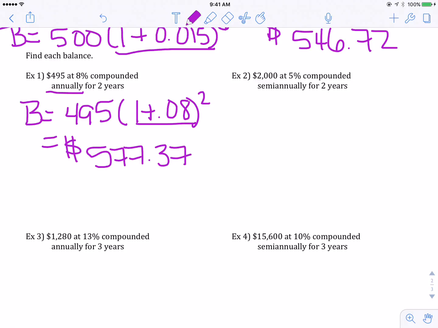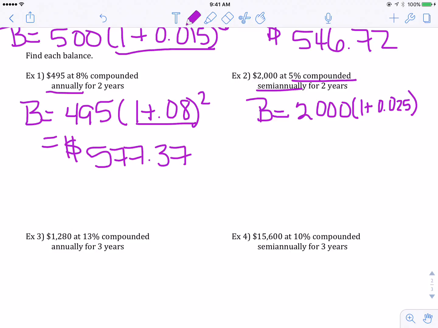Okay? If I look at example 2, B equals, my principal is $2,000. It's 5% compounded semi-annually. That means twice a year, which means I'm going to have to take 5% and divide it by 2. So when I do that, it's going to be 1 plus half of 5% is 0.025.